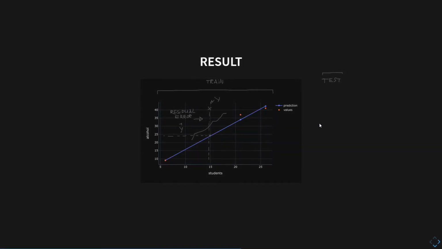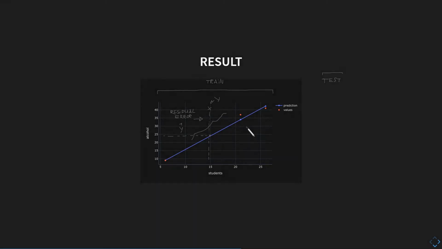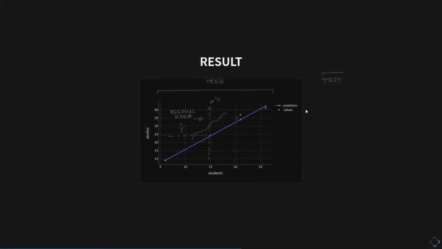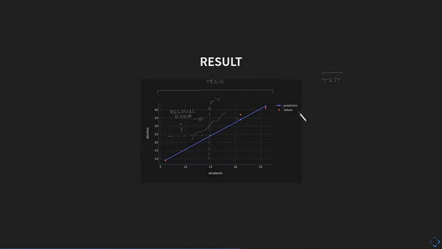And we can see that even though we fitted on the same data that we test on at the moment, we already have a bit of an error here and a bit here. Okay, so this model is not perfect, and that is due to the fact that it's only a linear line that we fit, right? Ideally, we would want to fit a line that goes like this, right?